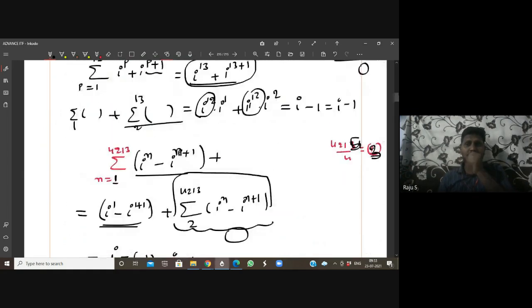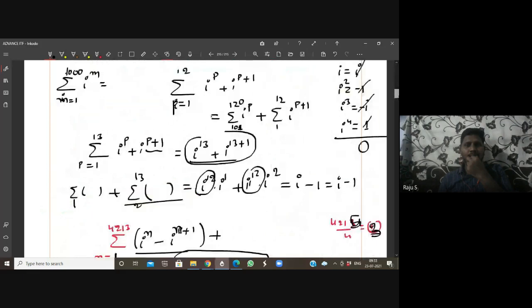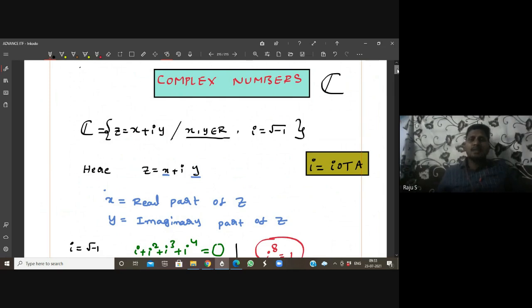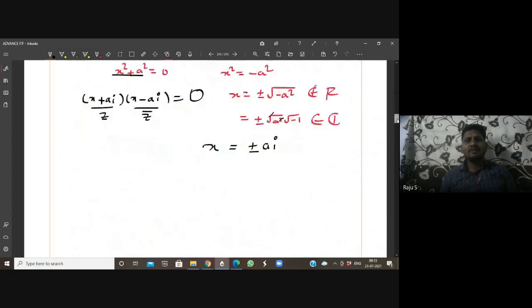That I'll also explain to you. I'm not giving the definitions now, because writing the definitions is a waste of time. Tomorrow in class, I'll give the definitions. Once we understand this concept, the definitions can be understood very easily.